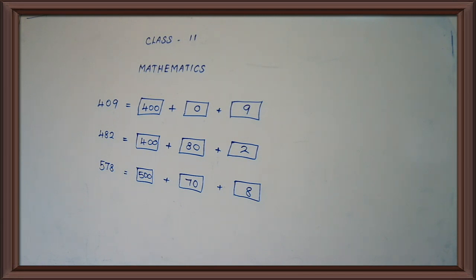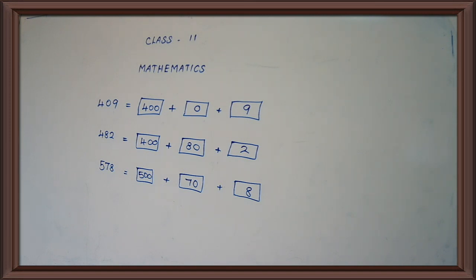See the I, it means 634. 100 place means 600 plus 30 plus 4. 634. Then see the J question. Ones place is 1. Tens place we want to write 80. And the 100 place we want to write 600.